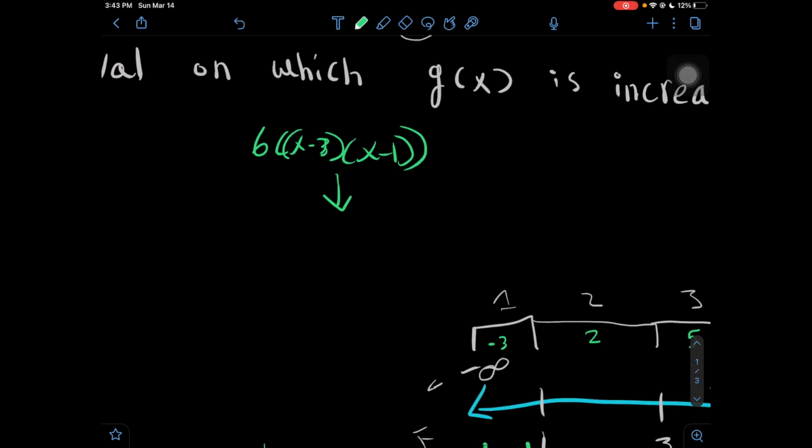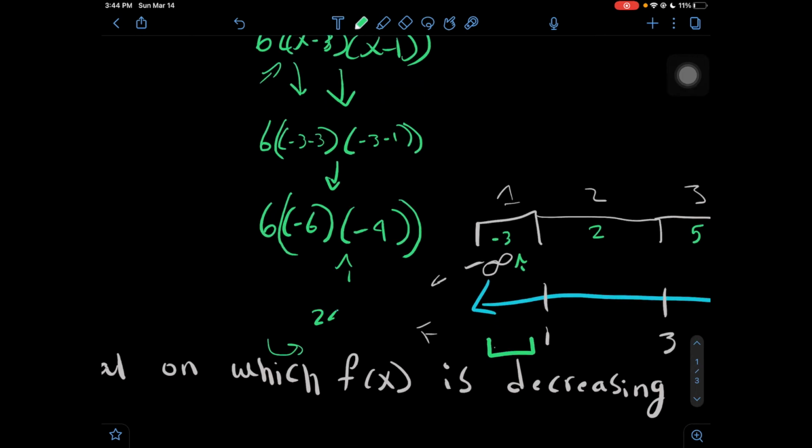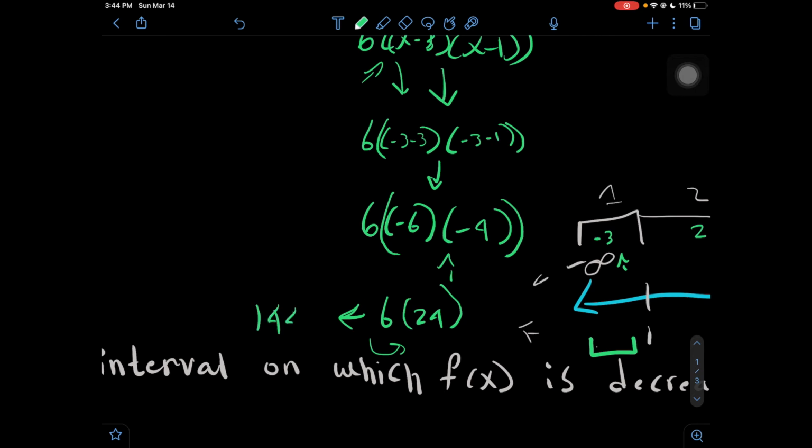So we have 6 times negative 3 minus 3, since we're just substituting the value we chose into our derivative as x, and then negative 3 minus 1. So we have 6 times negative 6 times negative 4. Remember, these are in parentheses. Negative 6 times negative 4 is 24, and 6 times 24 is 144.